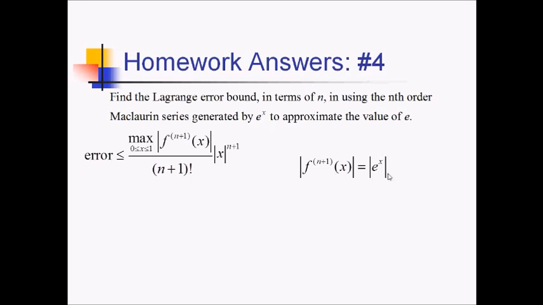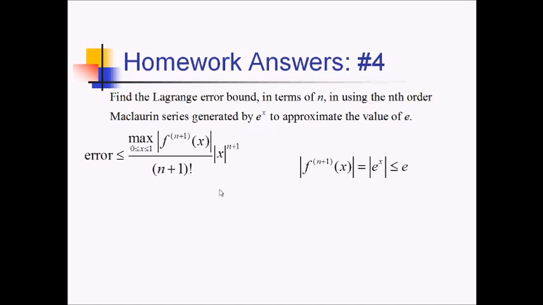So now that means I have to figure out which x value to plug in to make this as big as possible. What am I allowed to choose from? Well, my interval we said was from 0 to 1. Since e to the x is an increasing function, I just want to plug in the biggest x value I possibly can on this interval, which is the x value 1. So this is going to be less than or equal to e to the 1, which is just e.